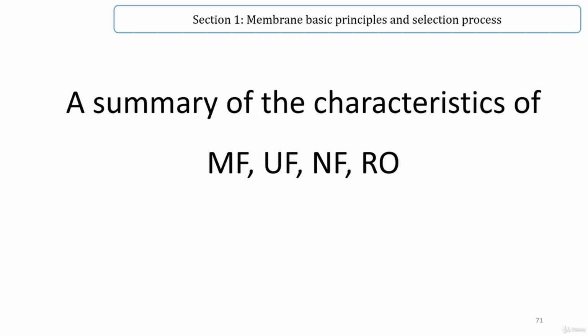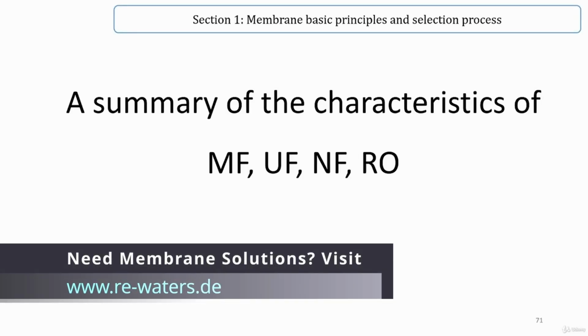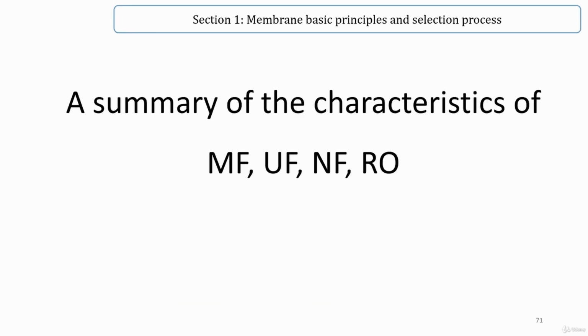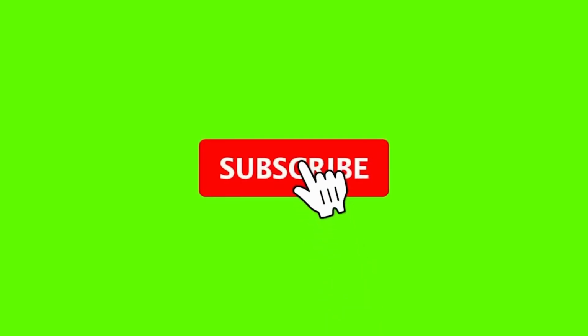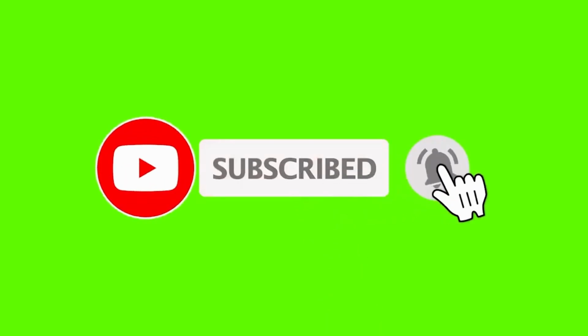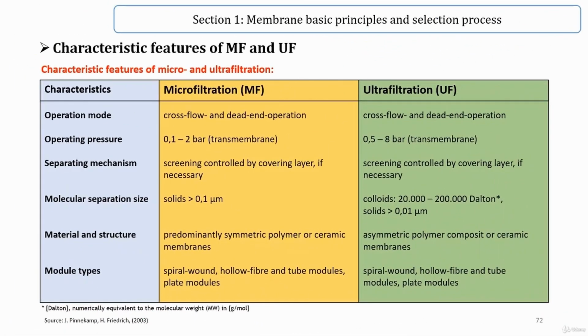Now we finish the steps for selection of a membrane process. Let's have a summary of the characteristics of the microfiltration, ultrafiltration, nanofiltration, and reverse osmosis. Characteristic features of microfiltration and ultrafiltration.